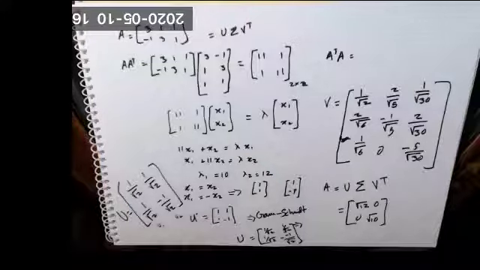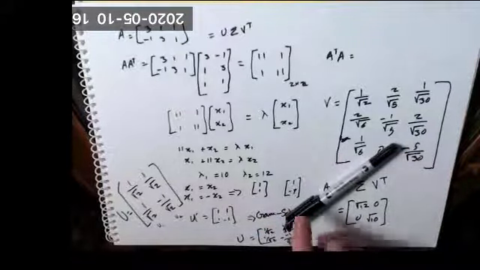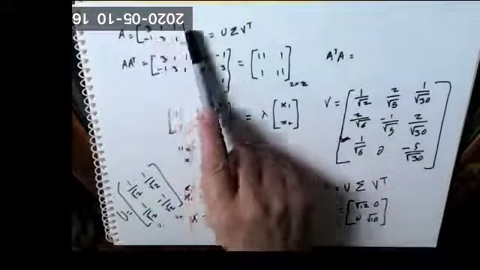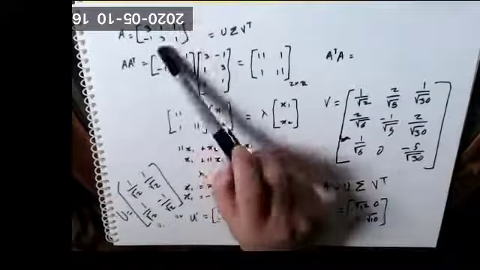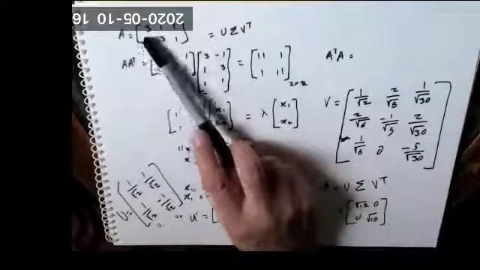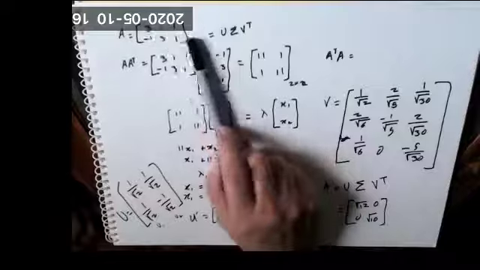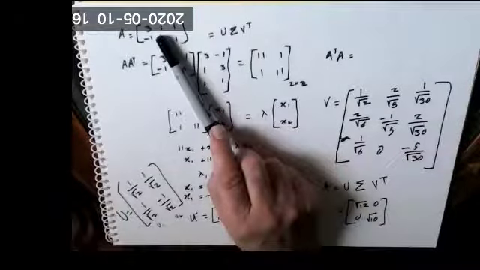So what's so good about this decomposition? The good thing is that it finds what are the directions in which there is maximum variation in this matrix. In other words, where is the information hidden in this matrix?